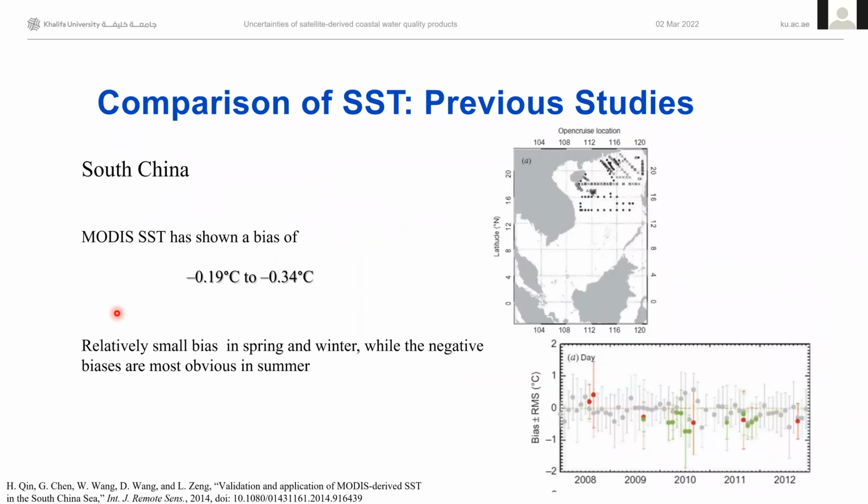The other study was done in South China, and they used MODIS SST compared to the in situ data, and they found that the bias is between minus 0.19 and minus 0.34. Relatively smaller bias was also observed during the winter season, but during the summer season, the bias increased.